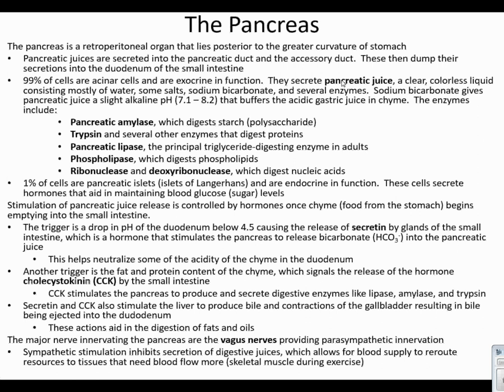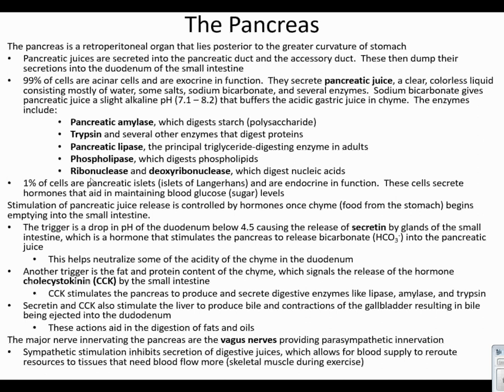These 2 enzymes help digest DNA and RNA, which we will ingest. DNA, short for deoxyribonucleic acid, is broken down by deoxyribonuclease. RNA, short for ribonucleic acid, is broken down by ribonuclease. Am I going to worry about you knowing those? No. Okay, because I don't have a list of nucleic acids over there. They're not a very important component of our diet.